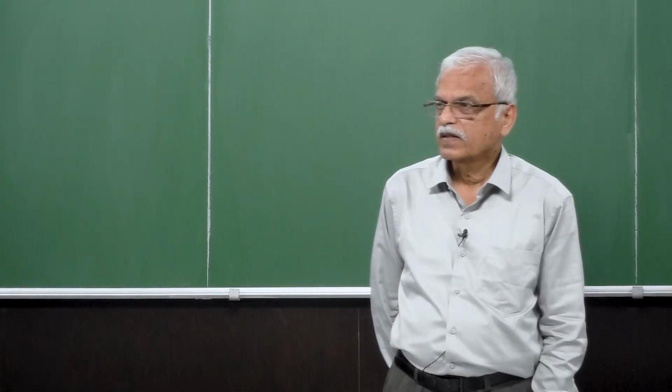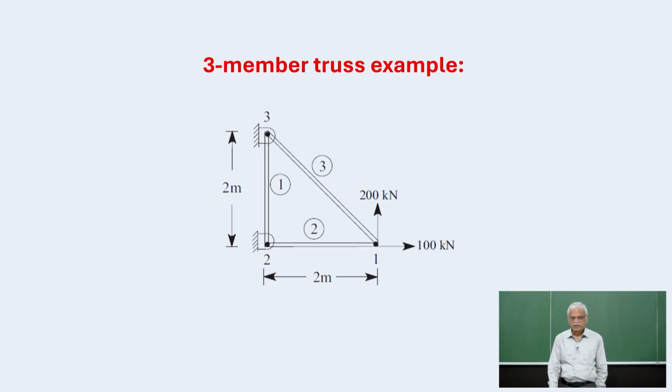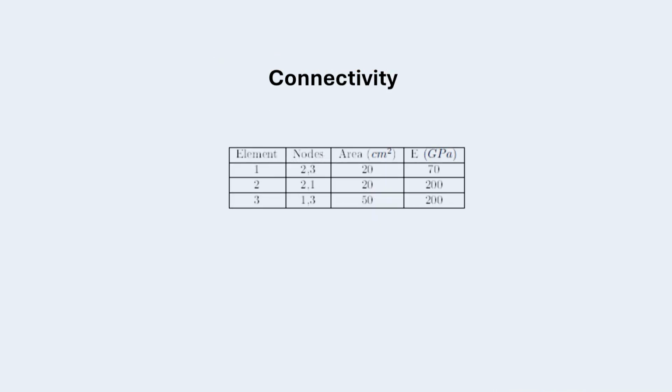For example, element 1 is vertical, and nodes 2 and 3 are aligned at an angle of 90 degrees from the x-axis, while element 2 is aligned at 180 degrees from 1 to 2, or if you consider it as 2 to 1, then the angle is 0. Similarly, element 3, along 1, 3, is at an angle of 135 degrees.